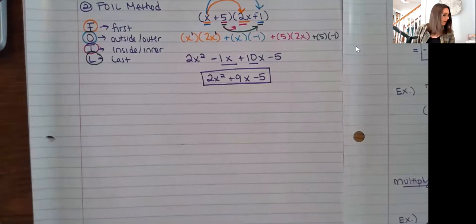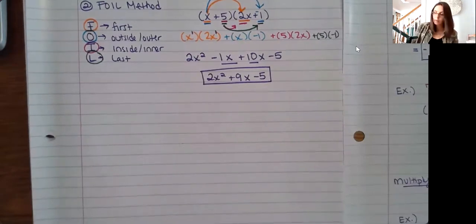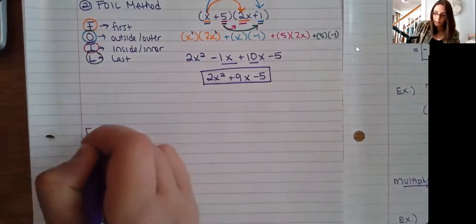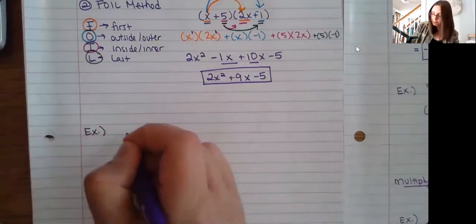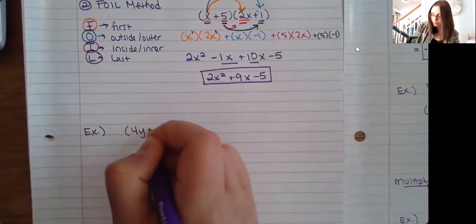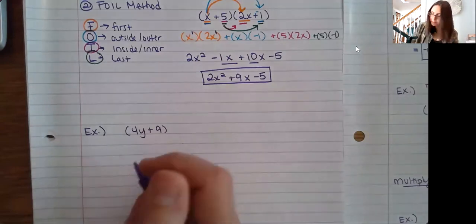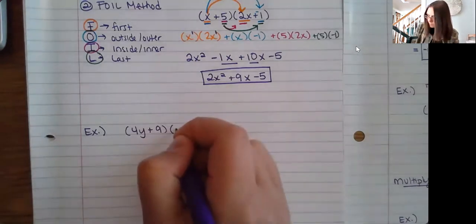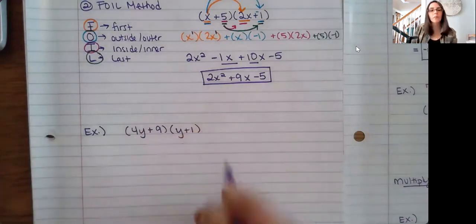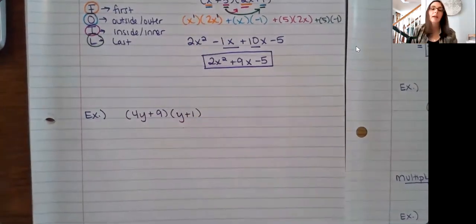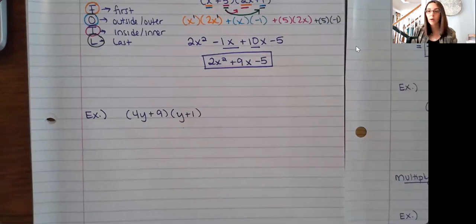All right, let's do another example. So we're going to do 4y plus 9 and then times y plus 1. And again, you can use either strategy you want here.